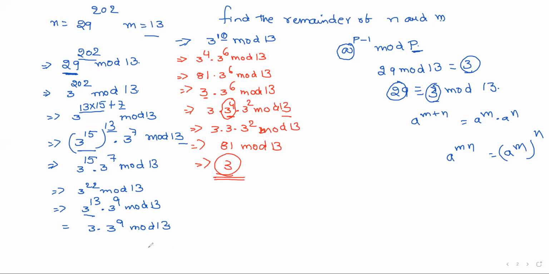Or if you want another way, 3 power 10 mod 13, you can write like this: 3 square power 5 mod 13. 3 square is 9, so 9 power 5 mod 13.